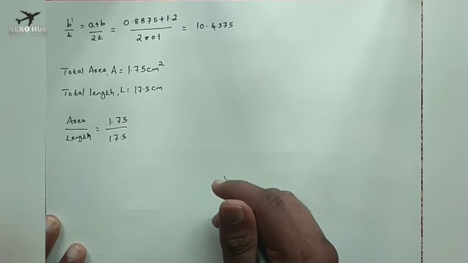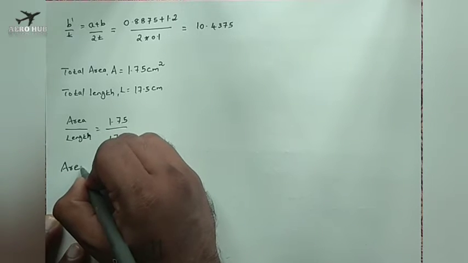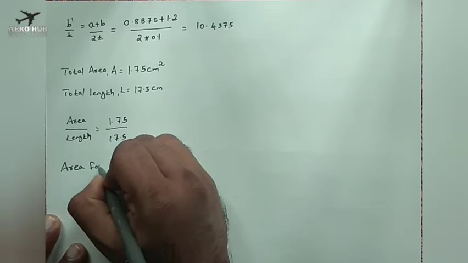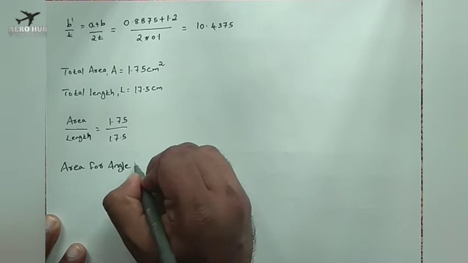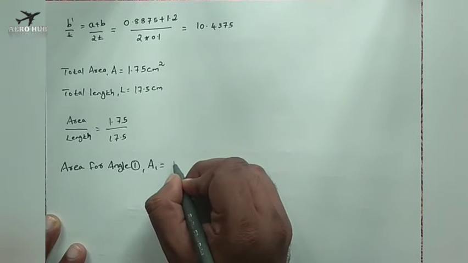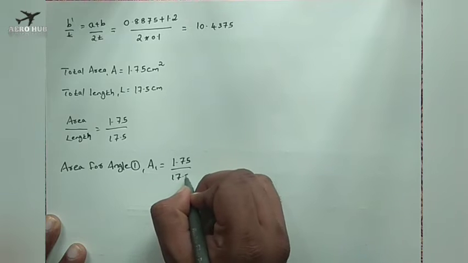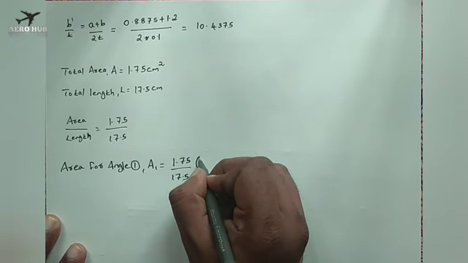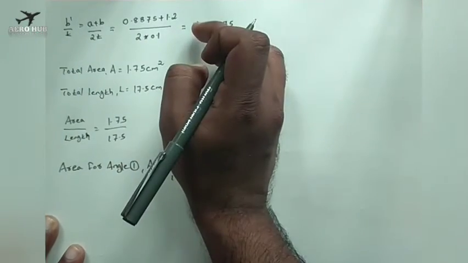Now the area for angle 1, that I can write as A1, will be equal to this area per unit length multiplied by the total length. I am not using A and B here.